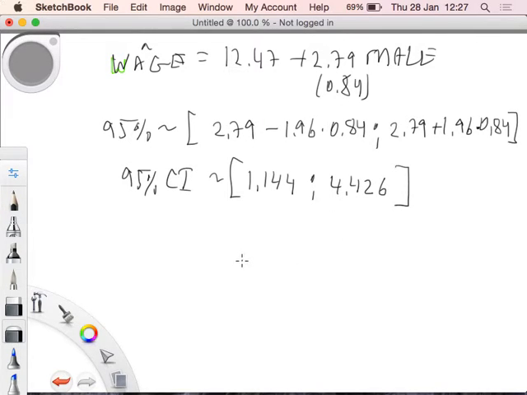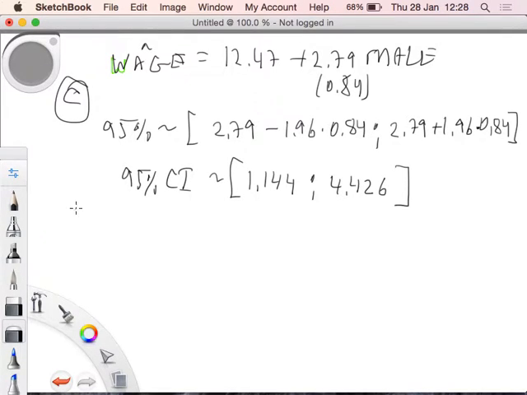That's a 95% confidence interval. You know how to interpret this, I guess. Yes. Good. Okay, next. This was our C.